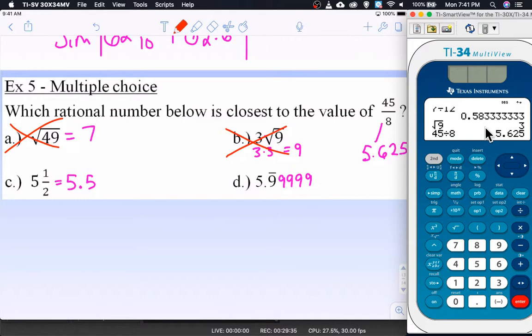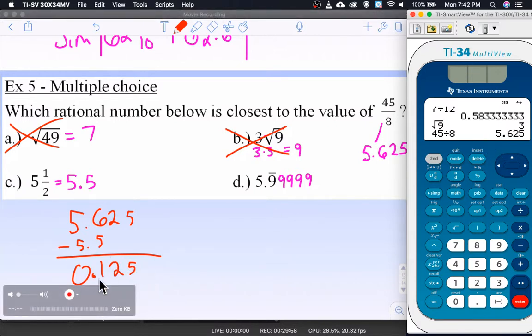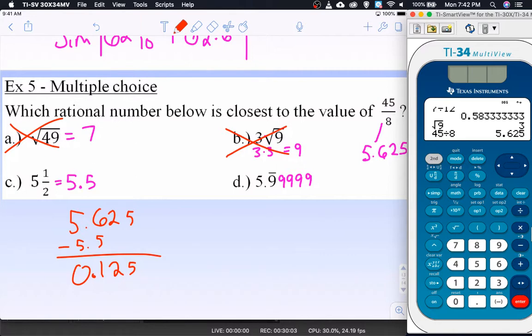Well, the actual math we would do is a difference. We want to know, what's the difference between these two numbers? That's a subtraction. If I took 5.625 minus 5.5, I'm going to get a difference of 0.125. That's how far apart these numbers are. They're 0.125 apart, which is very small.